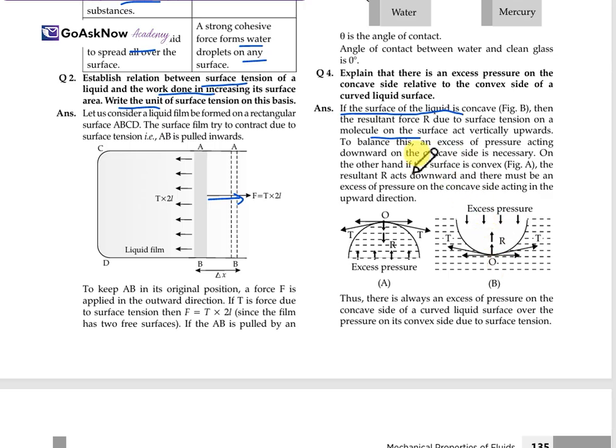On the other hand, if the surface is convex, then the resultant R acts downward, and there must be an excess pressure acting in the upward direction like this.